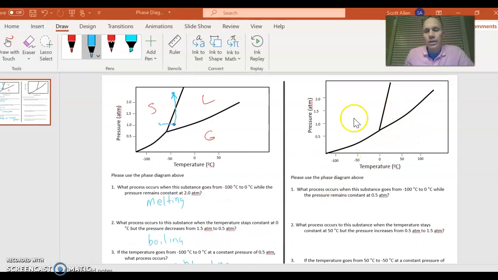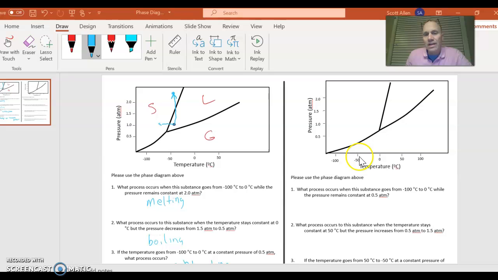Okay, so in these questions over here, notice that the phase diagram is now different. The shape of it looks the same, but the temperatures and pressures at which these changes occur are different. For example, for this particular material, if it was at -50 and 1 atmosphere, it would be either a solid or a liquid.